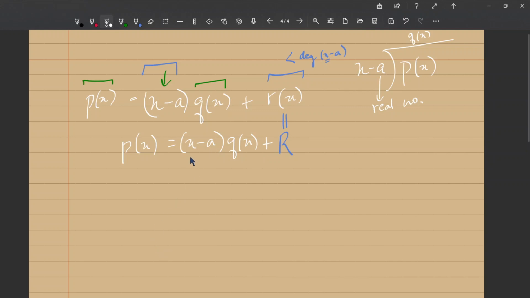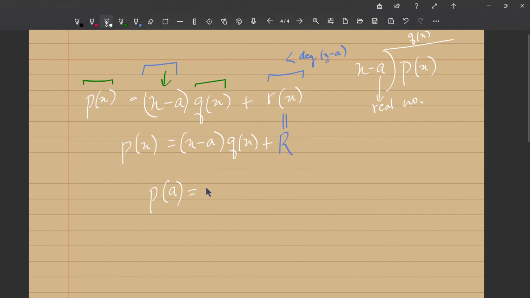Since I see an x minus a term, I cannot resist substituting in p of a, because remember we have to try and find an easier method of factorization, so we can make a few statements about p of a. Maybe, I don't know.